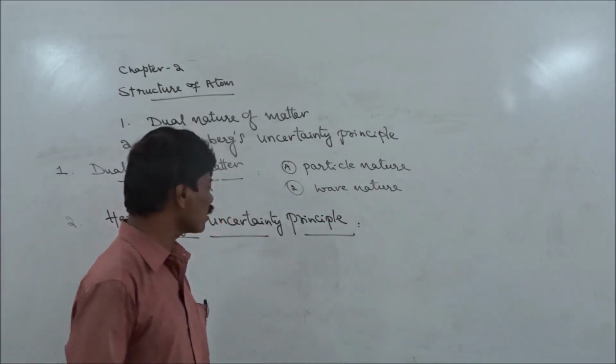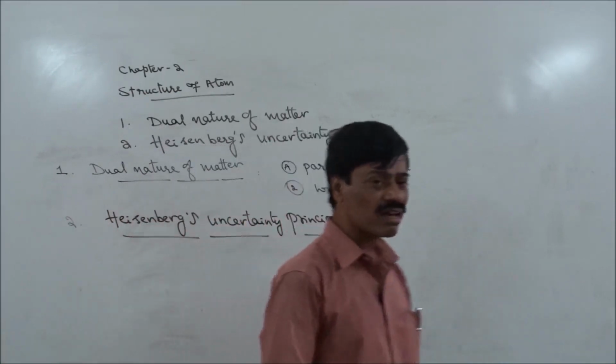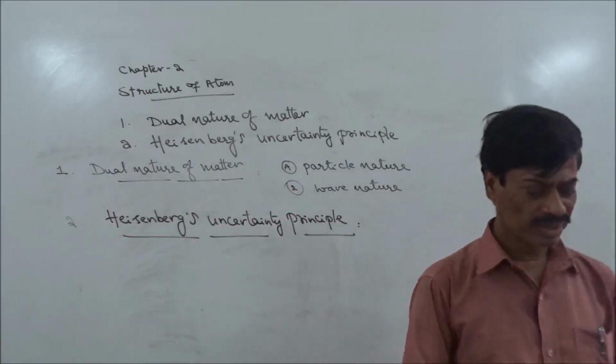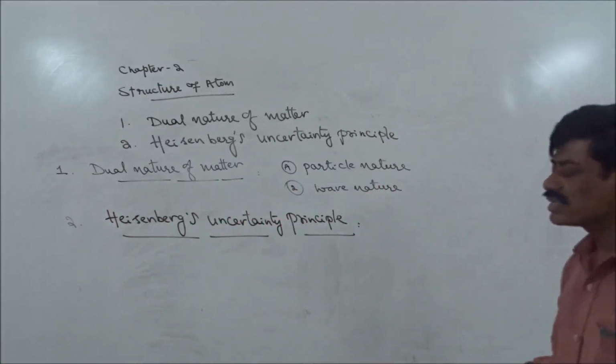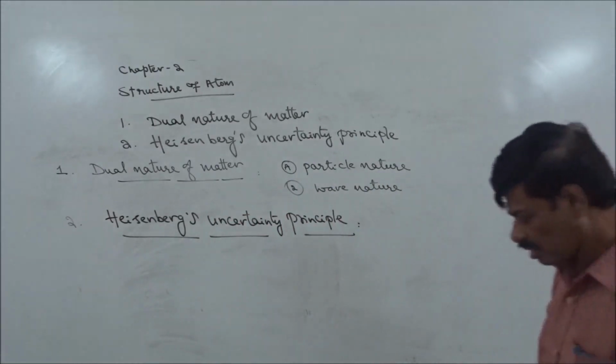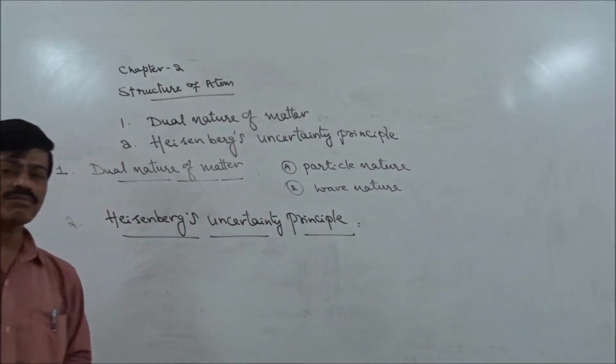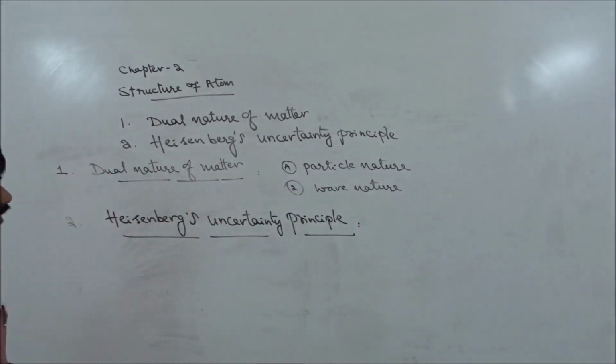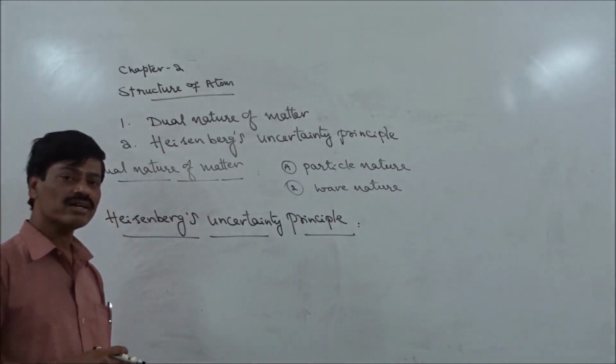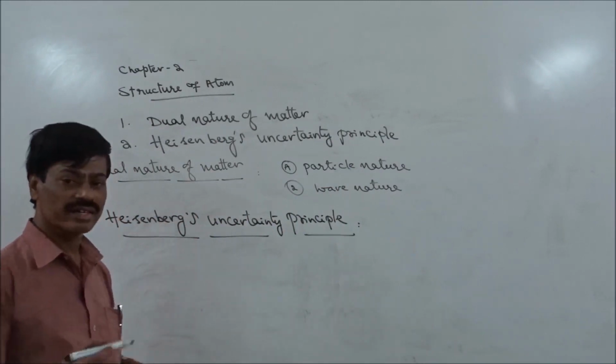According to this principle, the position of the electron and the velocity of the electron, or the position of the electron and the momentum of the electron, cannot be determined simultaneously.